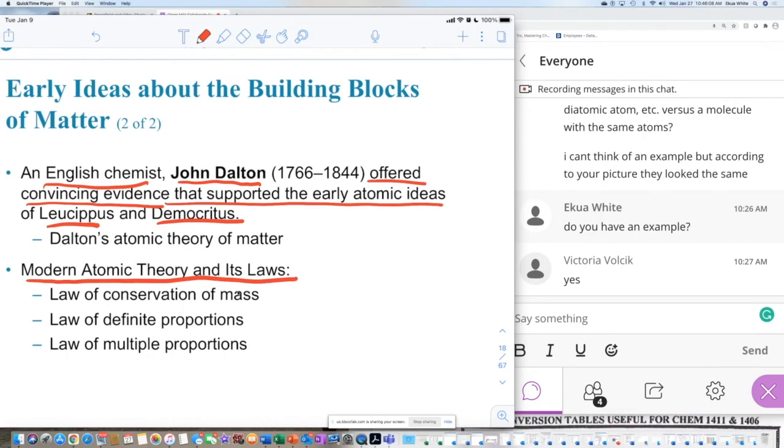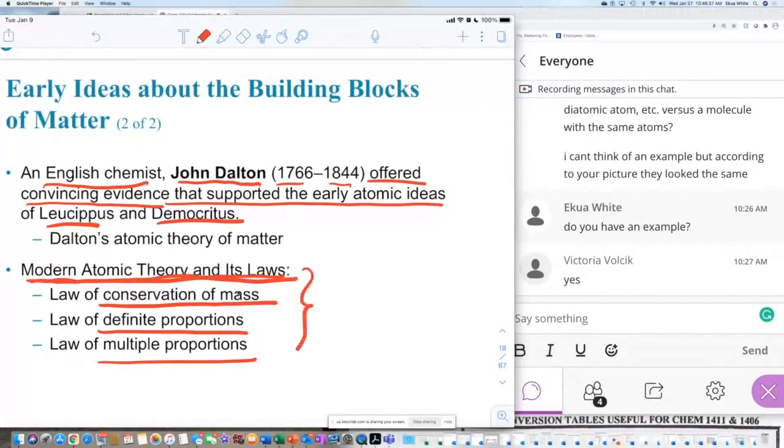Now, in the world of chemistry, the 1700s and 1800s is modern. Well, we still call it that because it was much newer than the other ones. Okay. So his modern atomic theory and its laws, whatever Dalton came up with, eventually led to the conservation of mass, a new law that came up after Dalton, the law of definite proportions, and the law of multiple proportions.